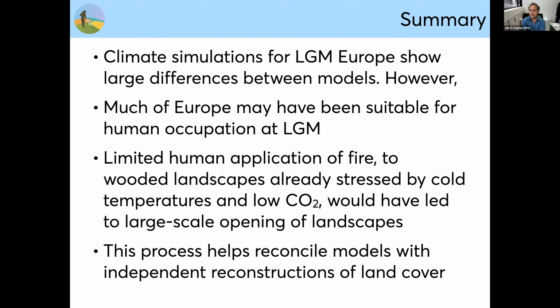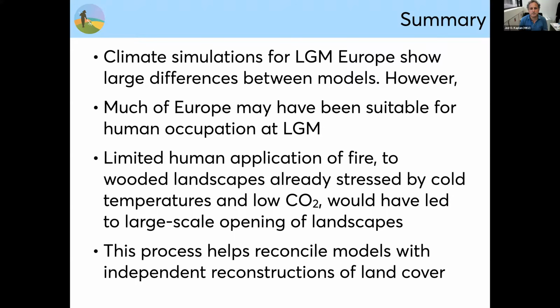And so human application of fire, even in a limited way, against vegetation, forests that would have been stressed by the cold temperatures and low carbon dioxide concentrations of the last glacial maximum, could have led to a large-scale opening of landscapes. And this allows us to come up with a scenario that reconciles models and independent reconstructions of land cover.